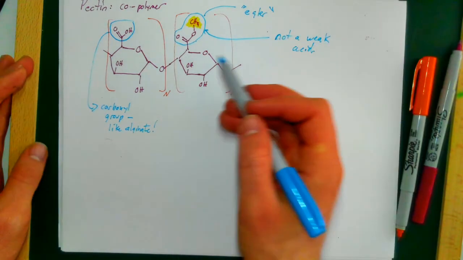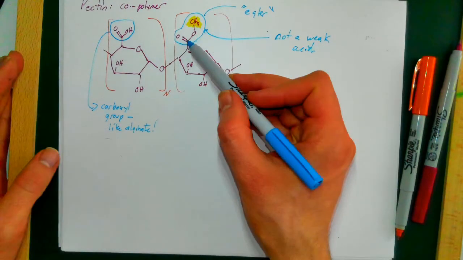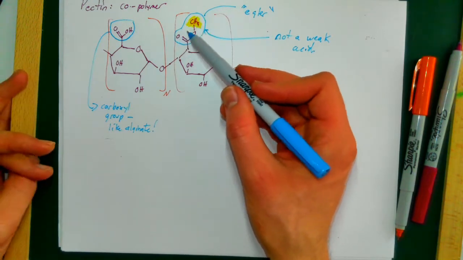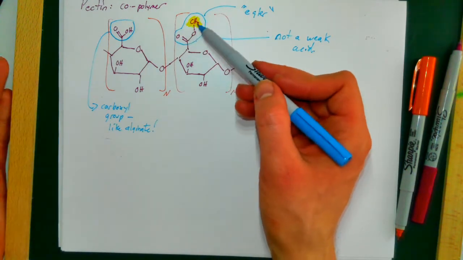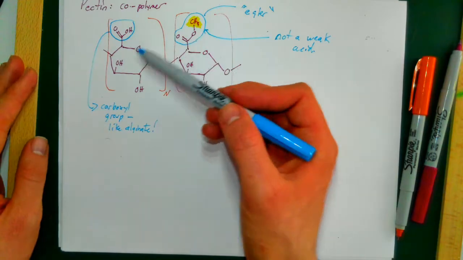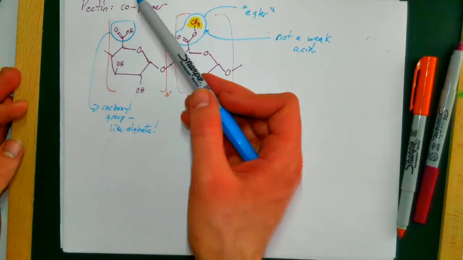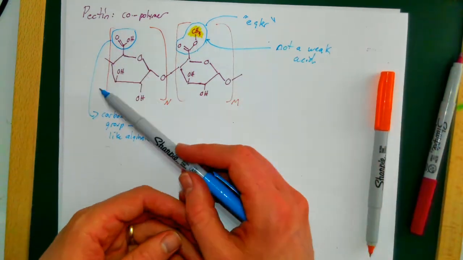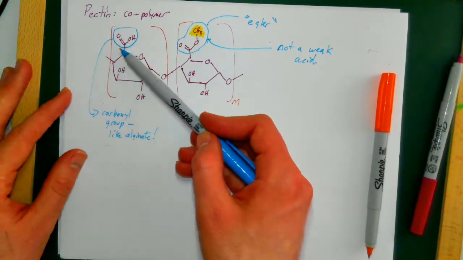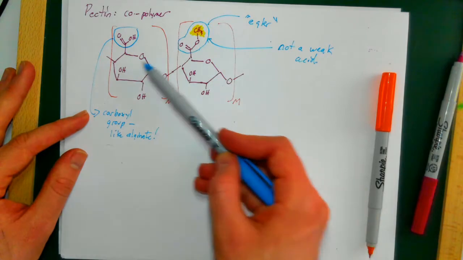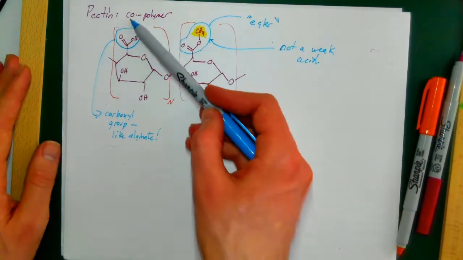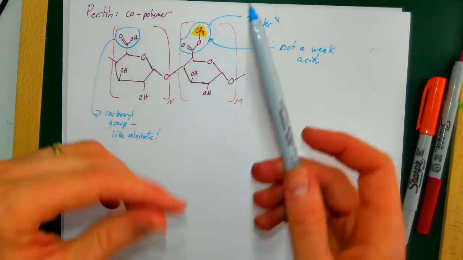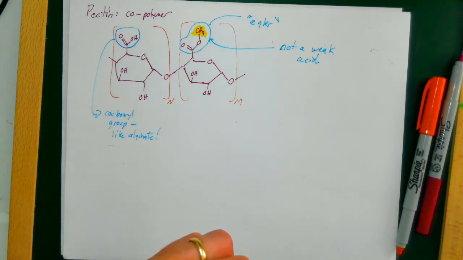So basically, unless you go to some really crazy extreme pH, this neither protonates or deprotonates. It's just along for the ride. So basically, pectin is similar to alginate in that it forms negative chains and you can cross-link with calcium and all that stuff, but only a fraction of the sugars along the chain are participating in that protonation and deprotonation.